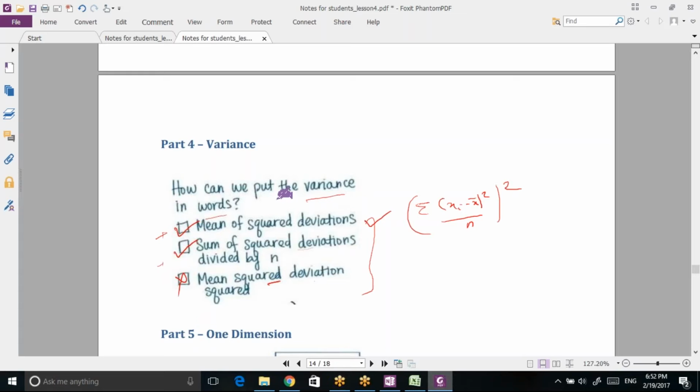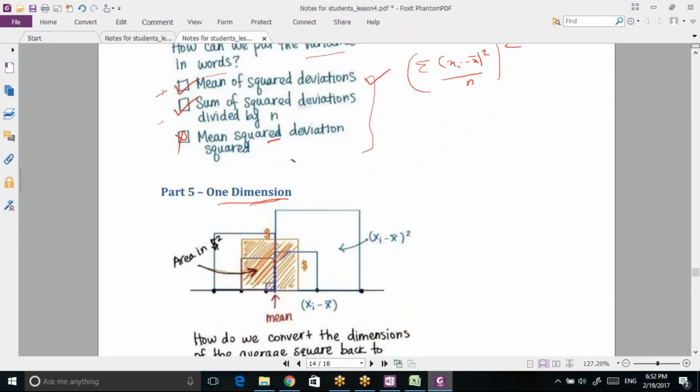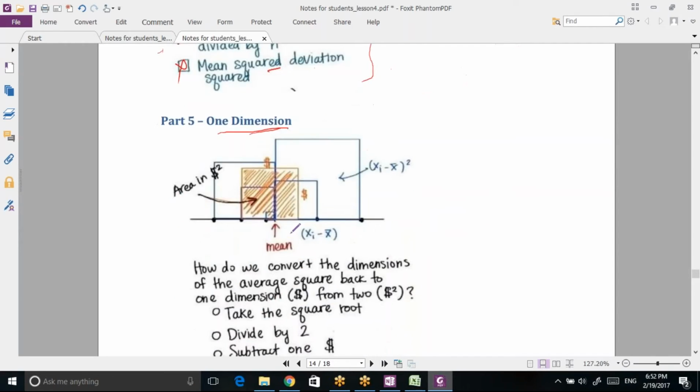So now let's bring variance again to one-dimensional data. Since we have the square of the data, let's see how we can bring it into one dimension. These were my 6 points that we talked about, and this was the mean. First we calculated xi minus x bar for each point.